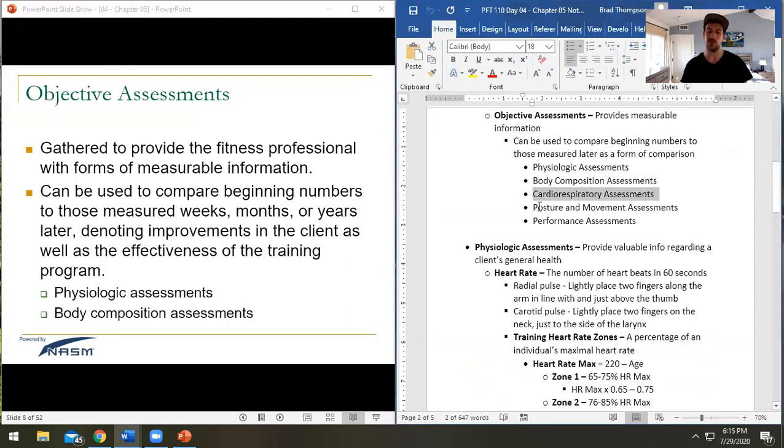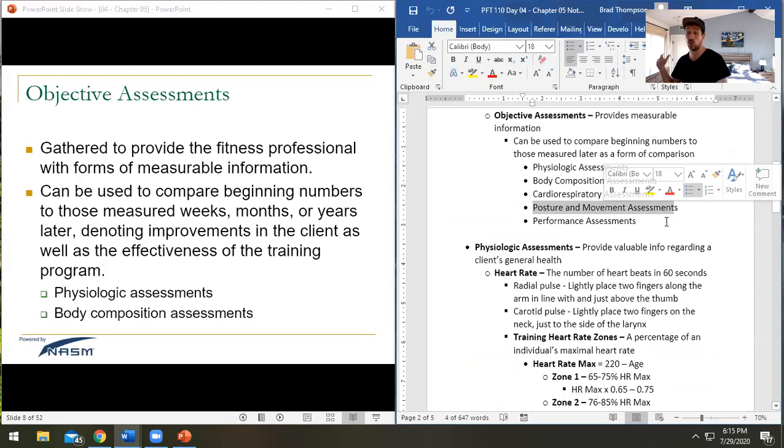Posture and movement assessments, how does your body respond when you are putting a specific amount of stress on it, like squatting, for instance, or doing a pushing or pulling movement, and performance assessments.